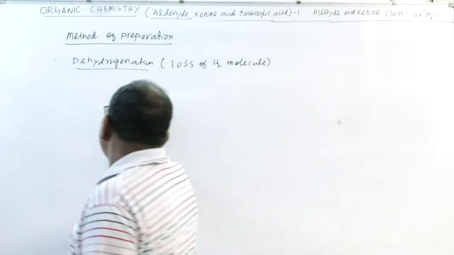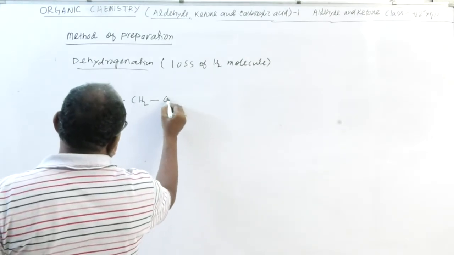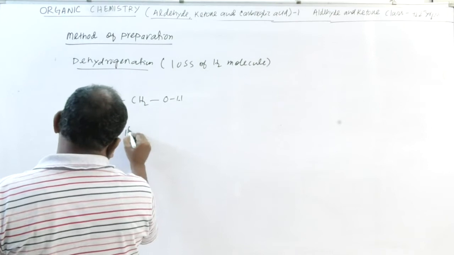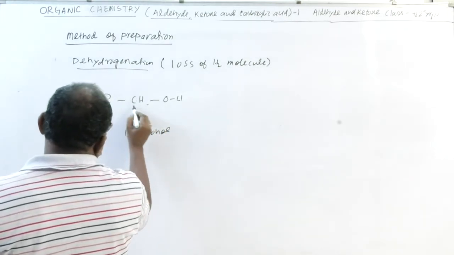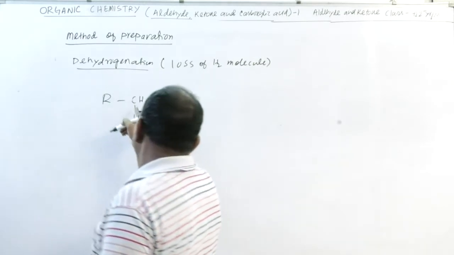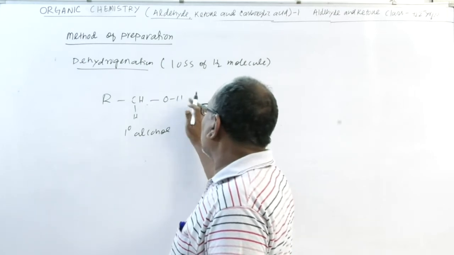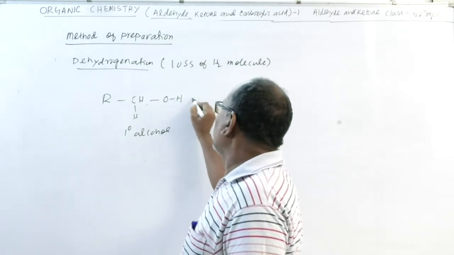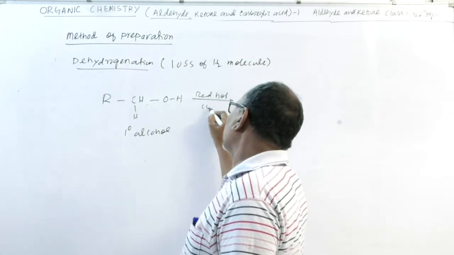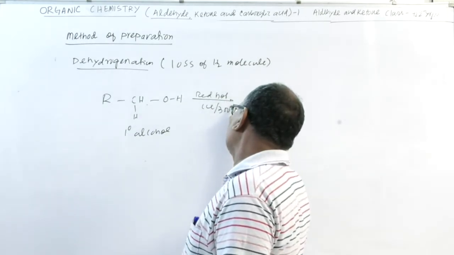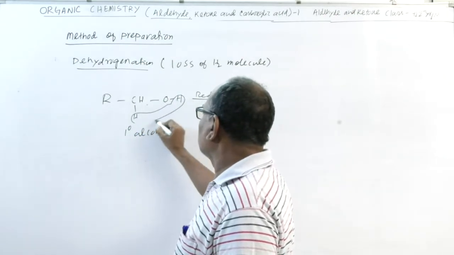If you take a primary alcohol, suppose this primary alcohol RCH2OH, and pass it into red hot copper at 300 degrees C, it loses a molecule of hydrogen.